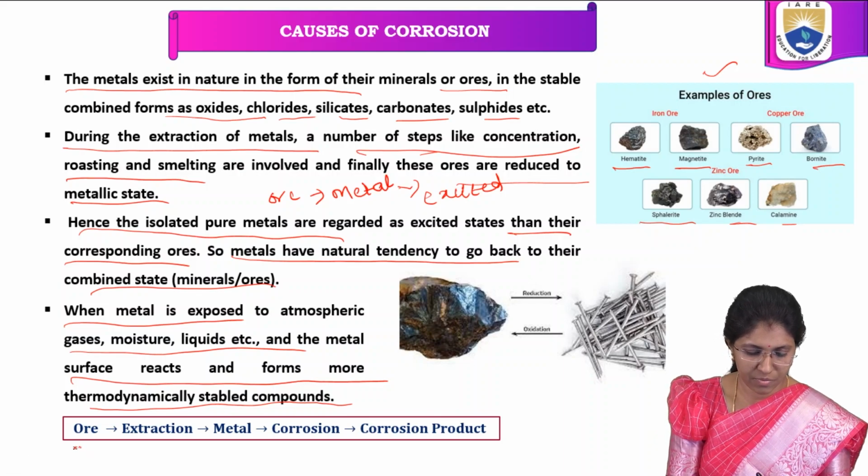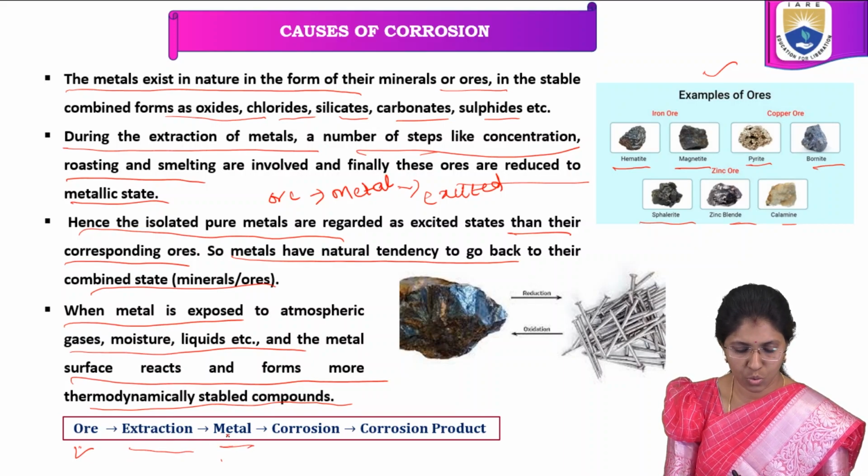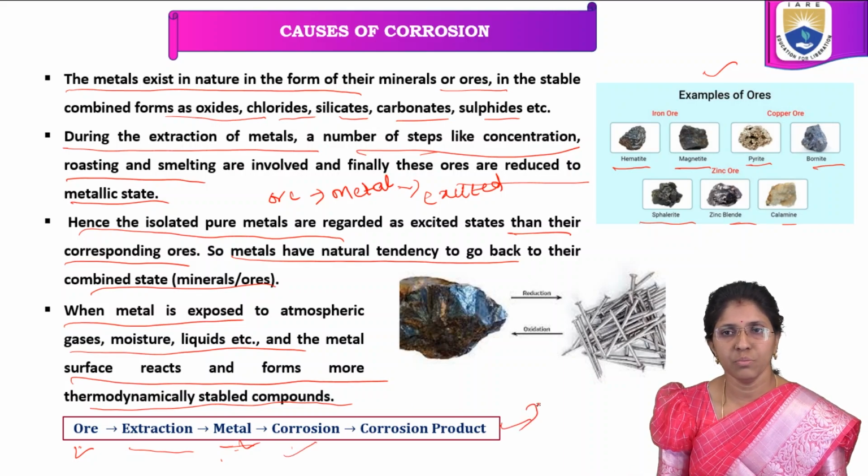Here the metal is extracted from the ore during the extraction process, and this metal is not stable, so it undergoes corrosion, and finally we get the corrosion product.